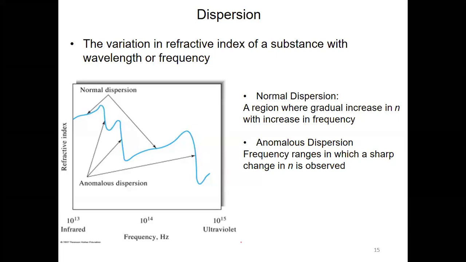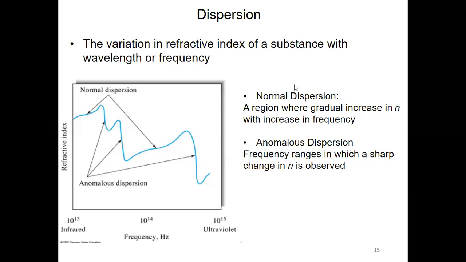Normal case is the decrease, but there might be certain cases where sharp increments of the refractive index happen. If the change is sharp within a really small frequency range, we can call it anomalous dispersion, if it is not a gradual change.